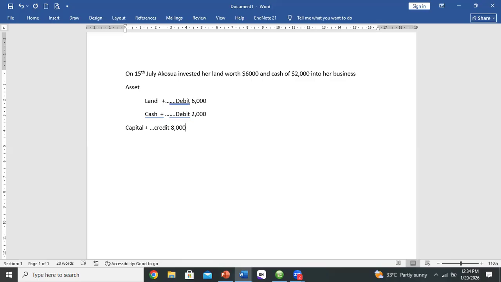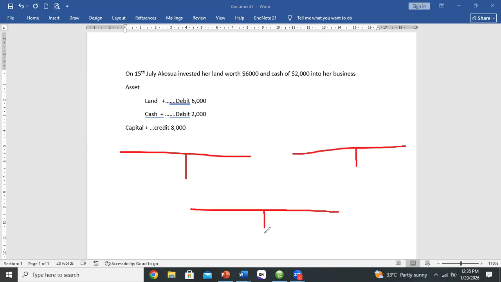You get a point. But if you are showing it in the account, this is how it's going to be. Let me see if I can quickly show that in the account. So you open your land, you open your cash, and then you also open the capital. Even though Luca Pacioli says that every transaction has two effects, you might think that here it is 3.